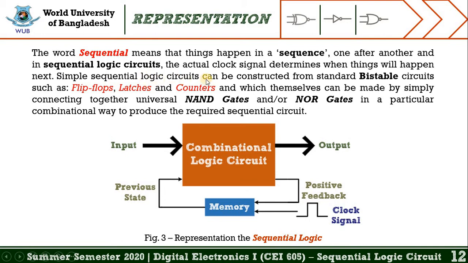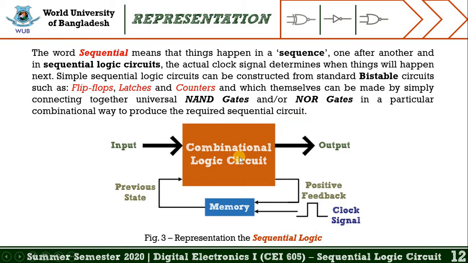Simple sequential logic circuits can be constructed from standard bistable circuits such as flip-flops, latches, and counters, which themselves can be made by simply connecting together universal NAND gates and/or NOR gates in a particular way to produce the required sequential circuit.